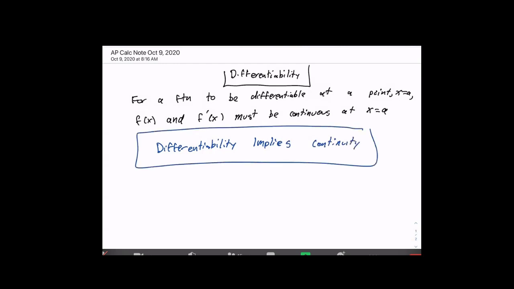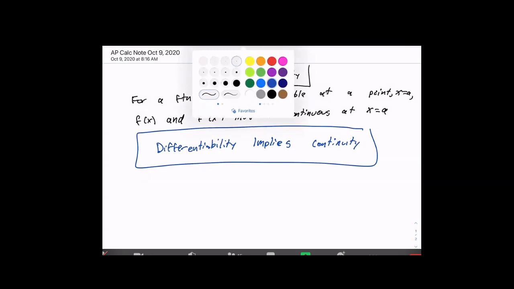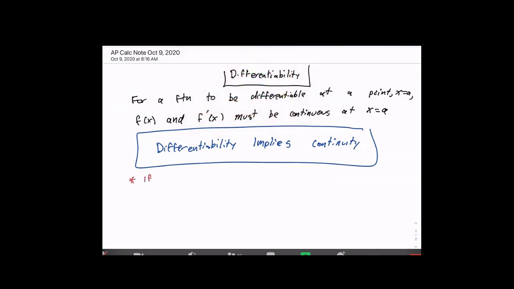So in other words, if a function is not continuous at x equals a, then it cannot be and is not differentiable at x equals a.